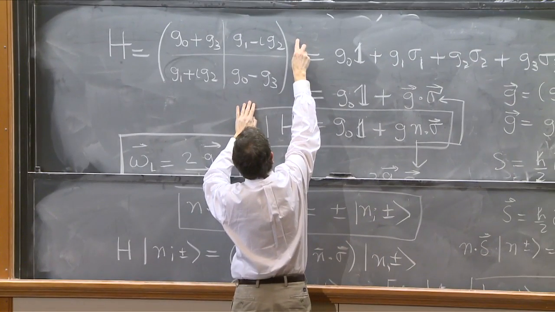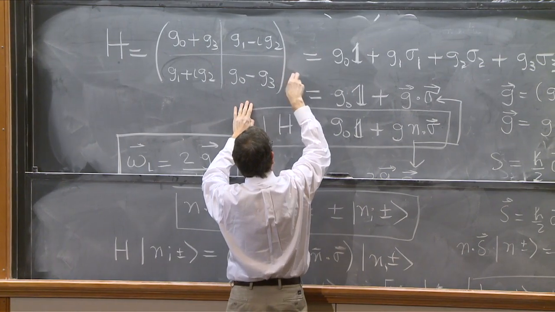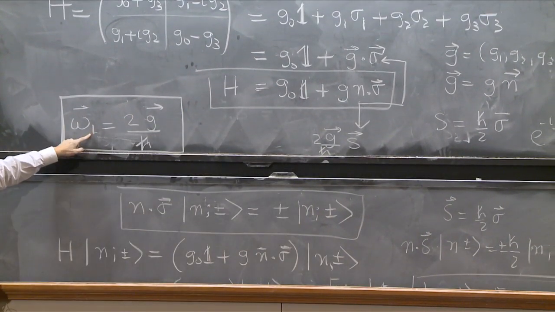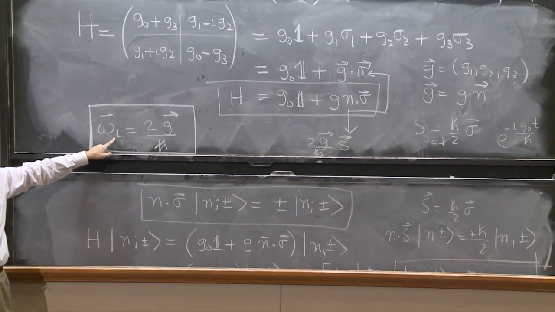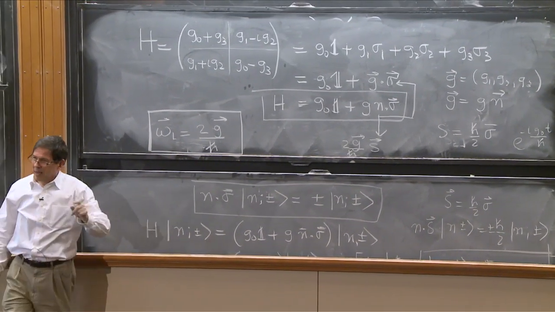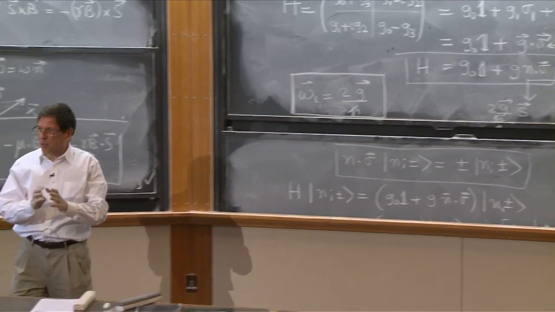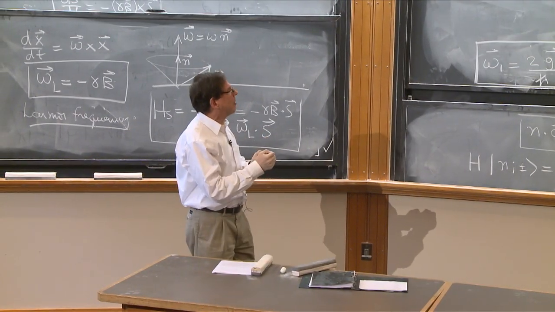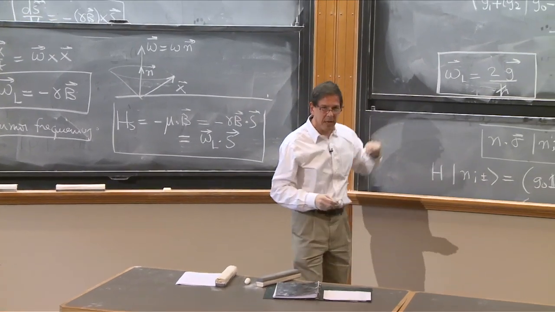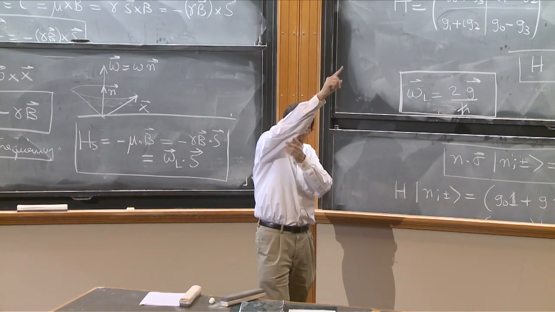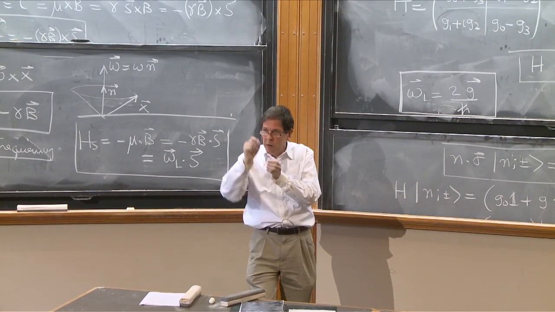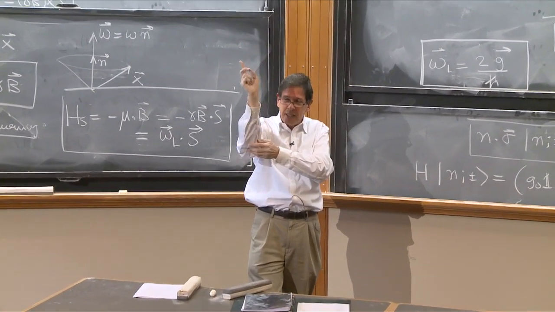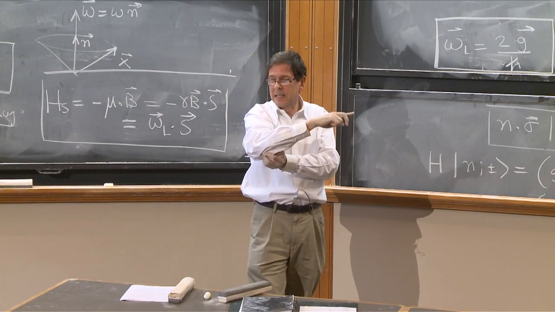You think of the one state as the plus of a spin, the minus of a spin, and then you know that it's precessing with this Larmor frequency.